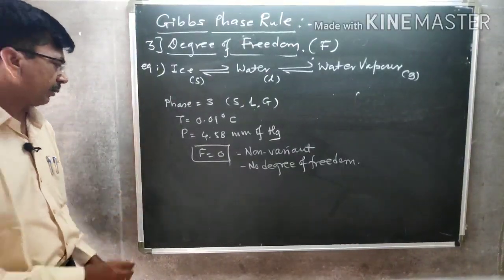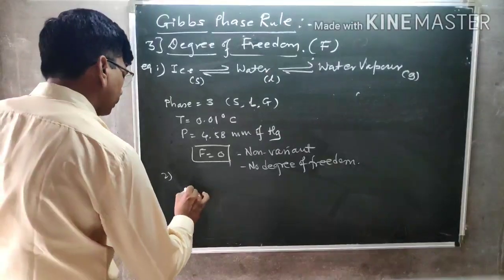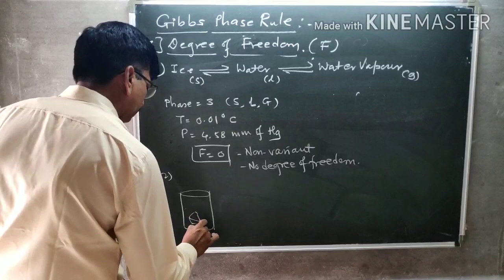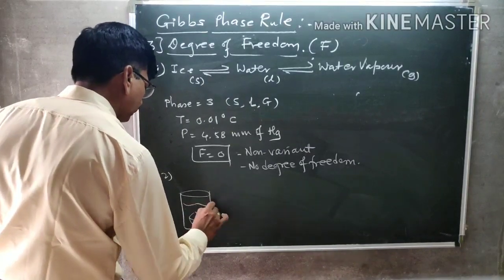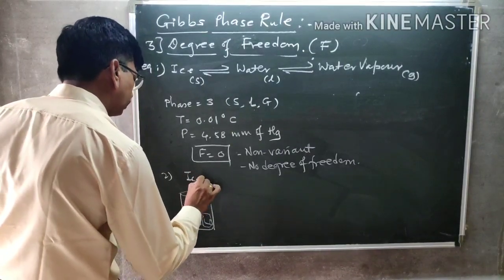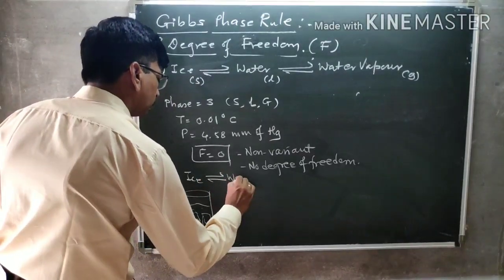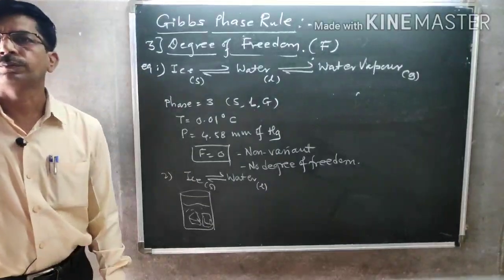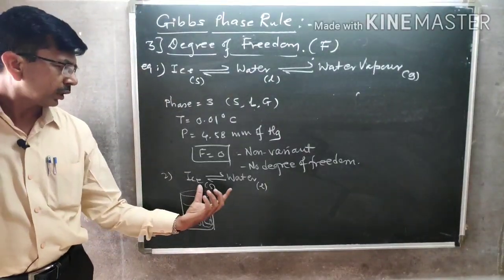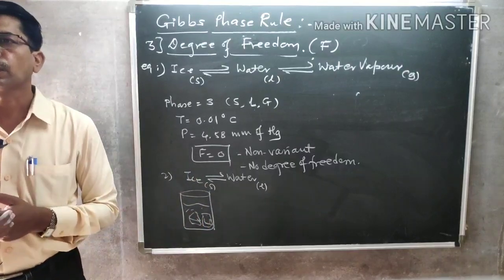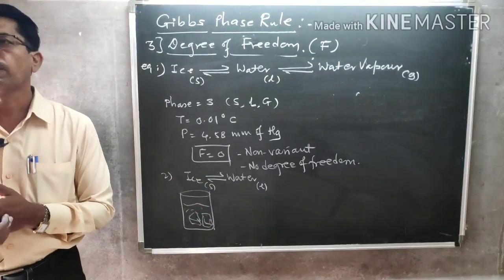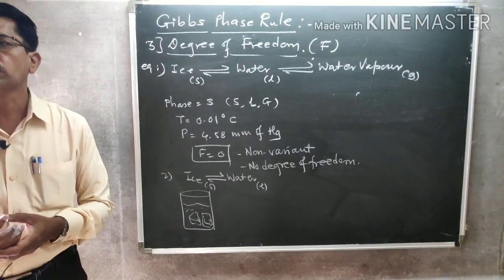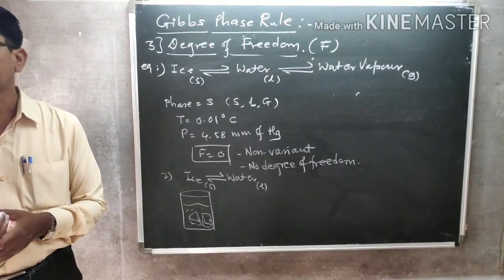Now we'll consider another example. Suppose that we have ice cubes in contact with water. Ice in solid state, water in liquid state. Now these two attain equilibrium. This is possible only when we keep temperature constant and fixed pressure.